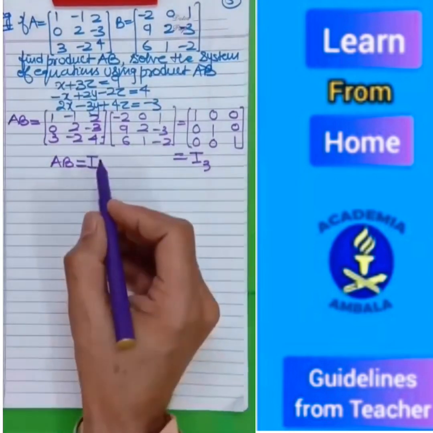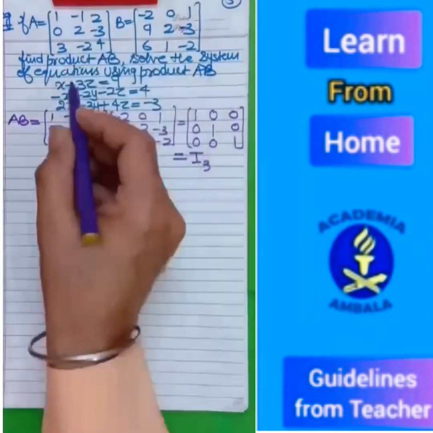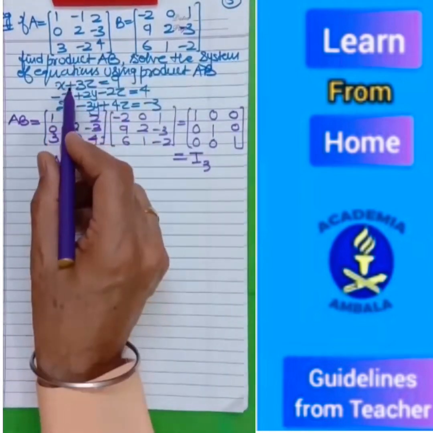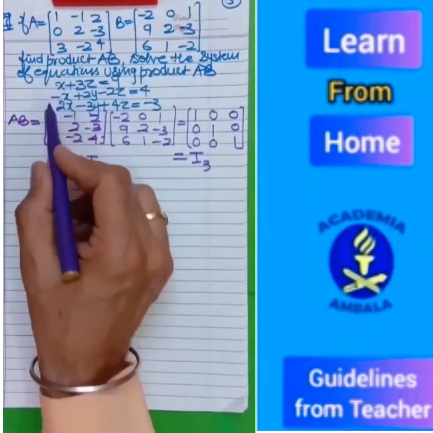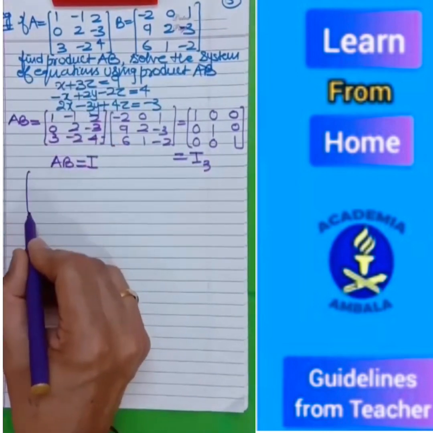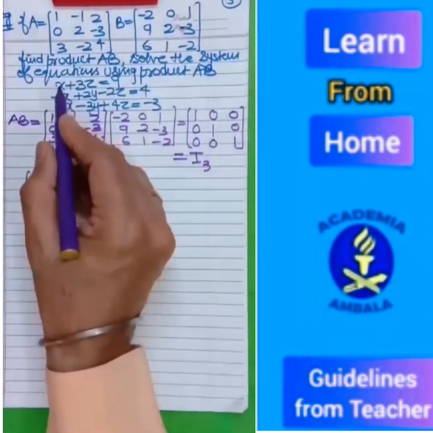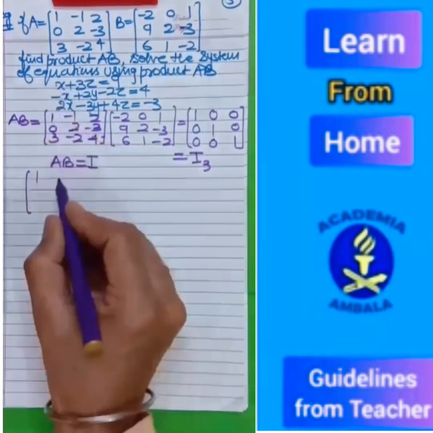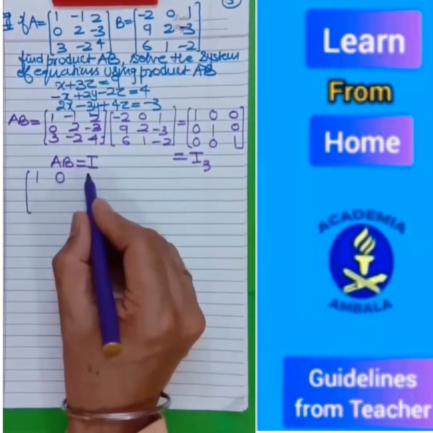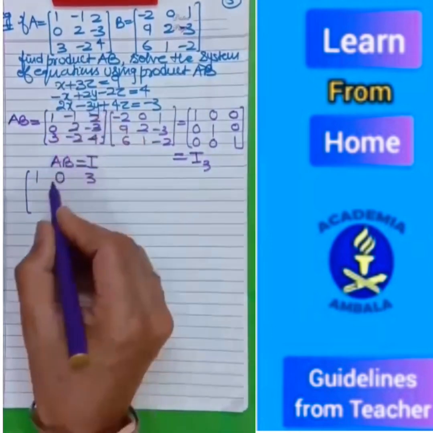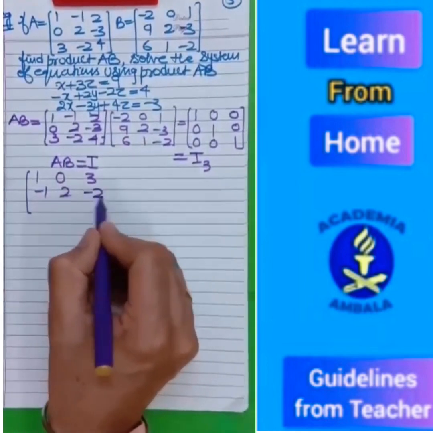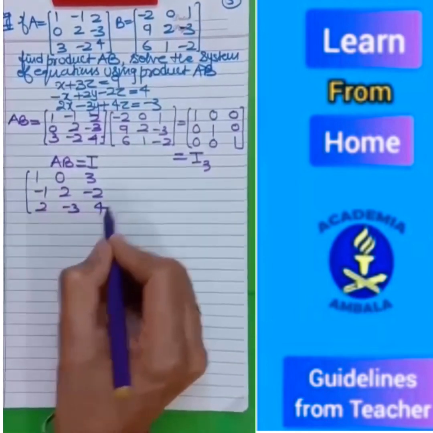Now AB is I. First of all we have to write the coefficients of this system of equations. The coefficient of x is 1, y is absent so it is 0, z is 3, then minus 1, 2 and minus 2, 2, minus 3, 4.